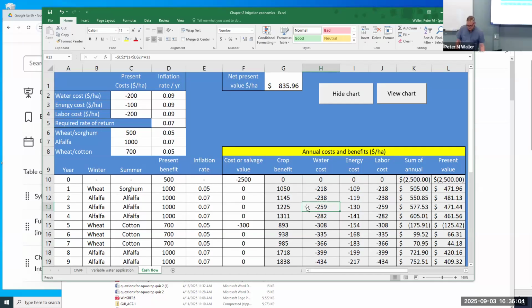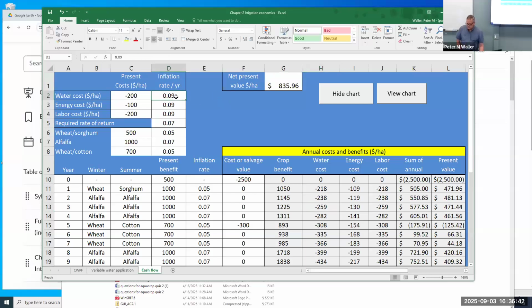In all these cells there are calculations based on converting present value to future value. So that's the rate of return or the change per year to the power of the year. See how it's going over here to the year? So it's just 1 plus 0.09 to the third. So that's how these cells work.